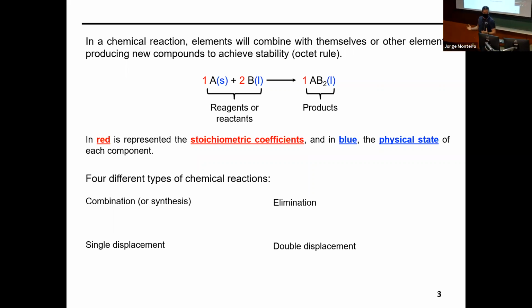Okay. There are 4 different types of chemical reactions. First one is labeled combination or synthesis. In this kind of reaction, we always start with 2 or more reactants, and we are going to form one product.